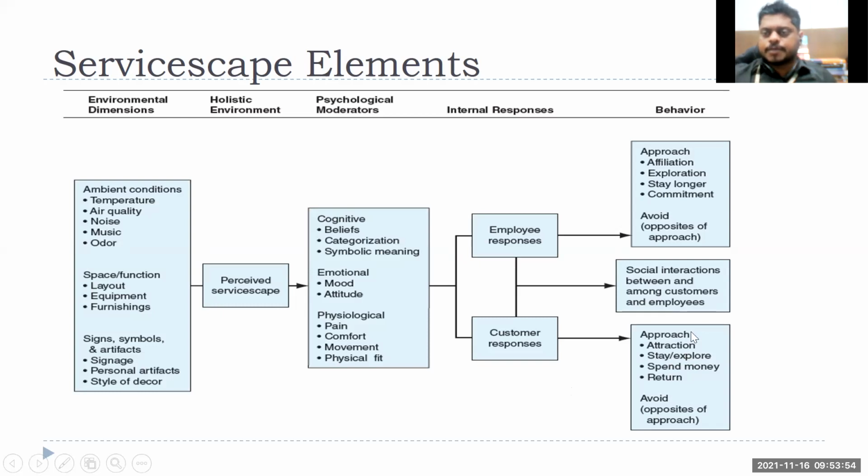Even a private hospital wants you to spend money, to do all those tests whether required or not. Then they return. So somebody comes to your service space, then they explore, then they spend money, then they go back. Those are the four things they do, based upon how well they perceive your space.